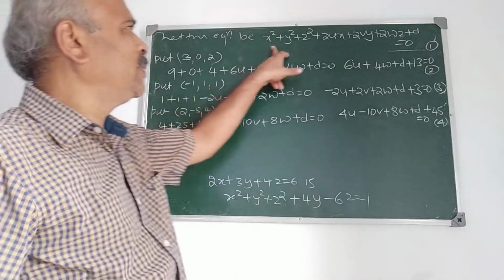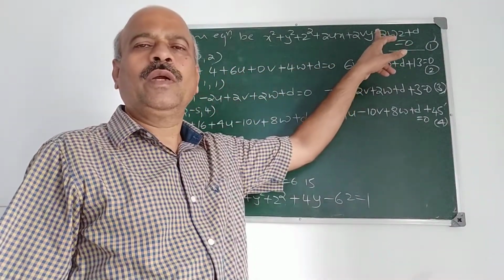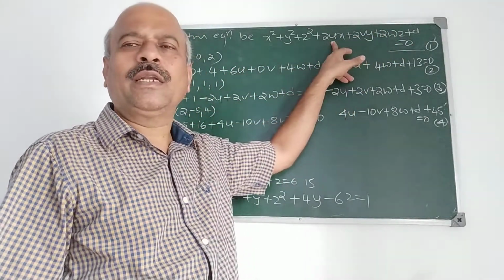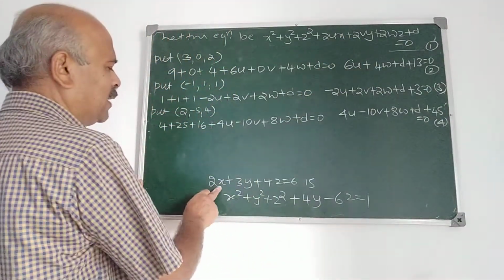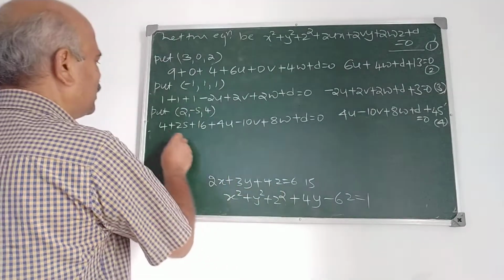And next, say its center lies on this plane. What is the center of the sphere we have taken? This is the equation of the sphere. What is the center? Minus u, minus v, minus w. So minus u, minus v, minus w satisfies this.